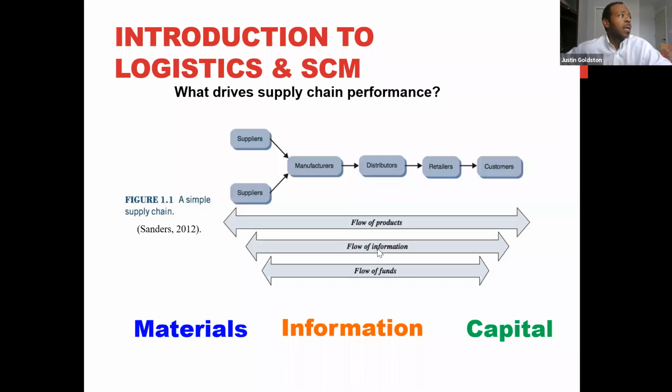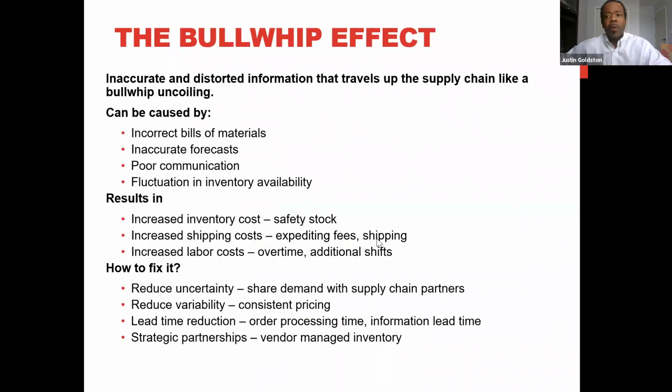If we have that, we are going to reduce what we refer to as the bullwhip effect. The bullwhip effect is essentially where you have peaks and valleys of demand. If we use a perfect scenario, say let's go back to pre-COVID, and we are able to share our consumer information from the point of sale data at Walmart, and send that information to our distribution centers, the distribution centers then send that information to Procter & Gamble.